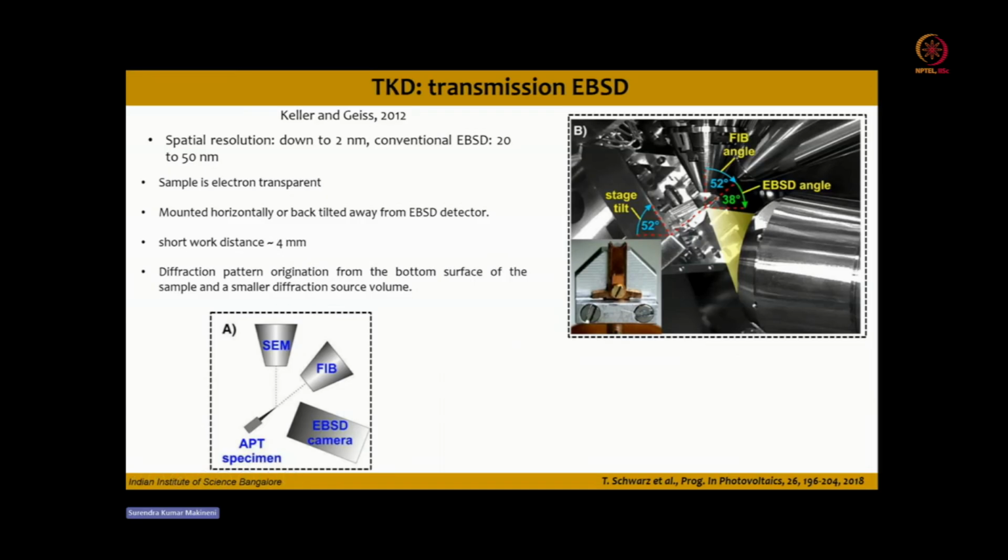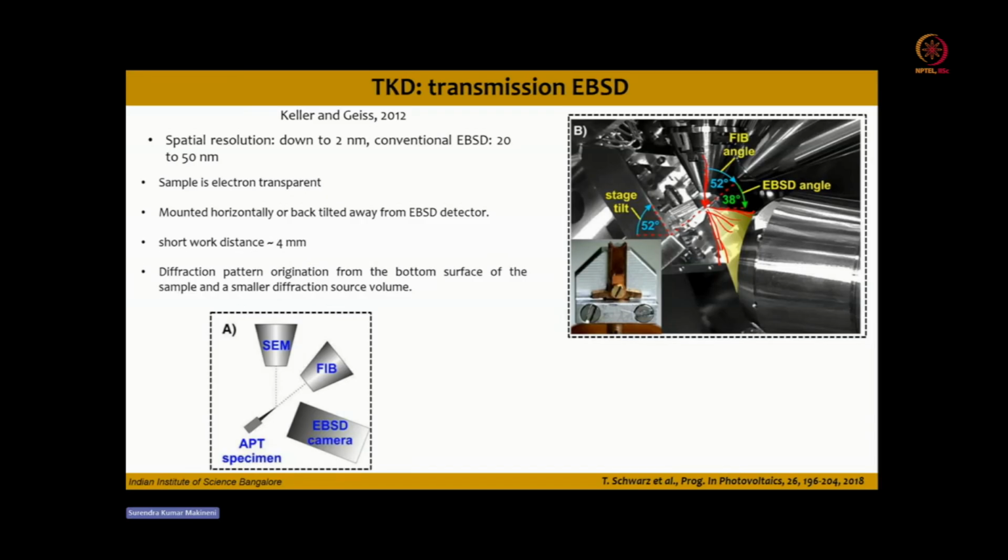That holder is tilted around 38 degrees as compared to the EBSD angle. Then your beam falls onto the sample, and the transmitted beam, which is inelastically scattered, produces a Kikuchi map, which can be detected by the EBSD detector.